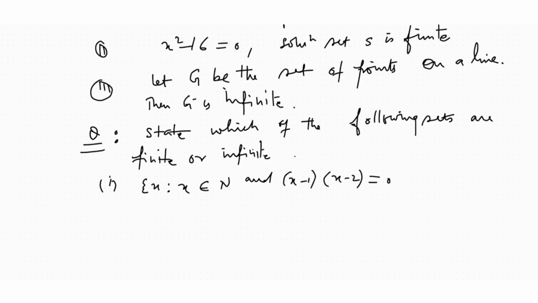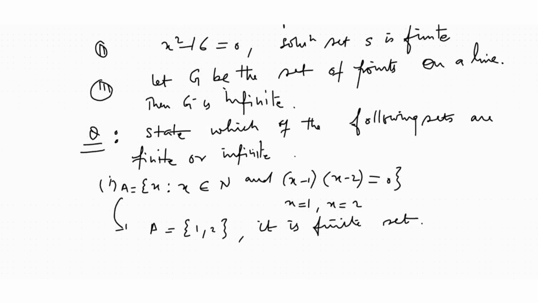Now if we look at this, what do we get? The solution set of x is x is 1 and x is 2. So 1 and 2 definitely belong to N. If we represent it with set A, then we can say A is {1, 2}. So what is the category of the set? It is a finite set.